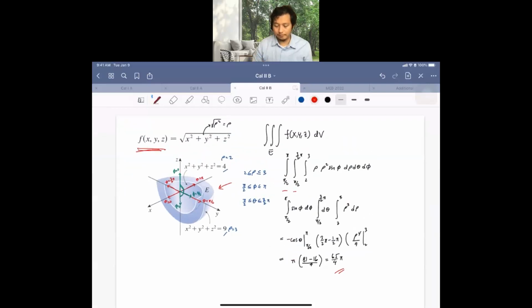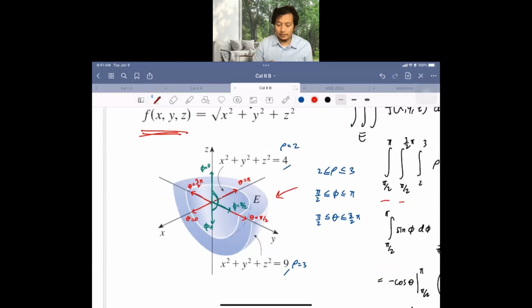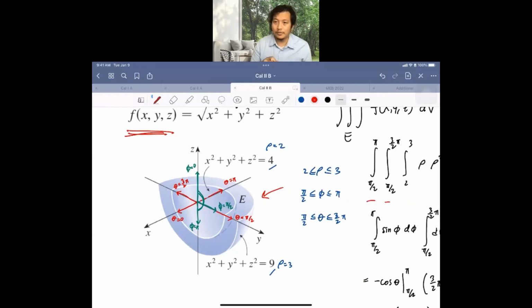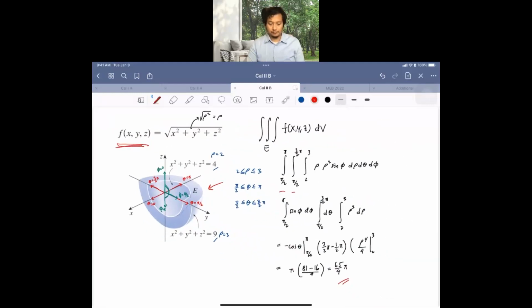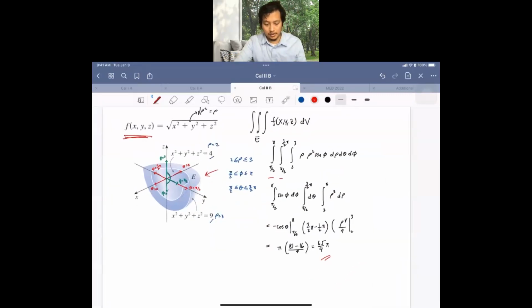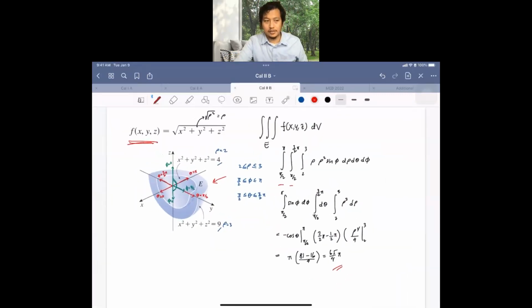Okay. So I hope you get the idea for determining the angle, for the theta, for the psi. Any questions regarding this explanation?